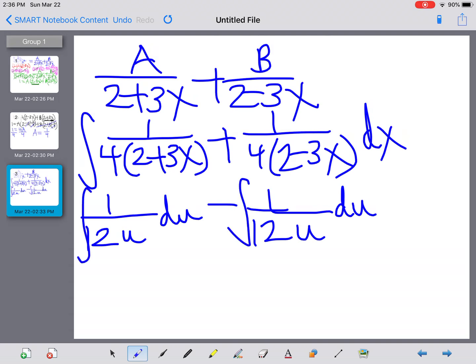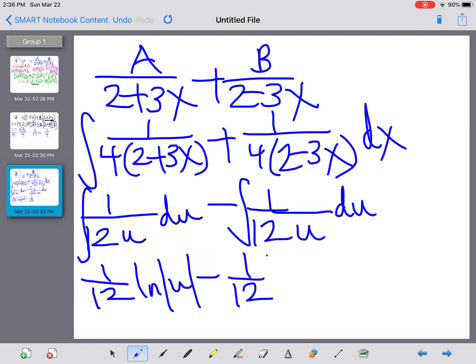And we know the integral of 1 over u is natural log. So we have 1/12 natural log absolute value of u minus 1/12 natural log absolute value of u again, plus C.